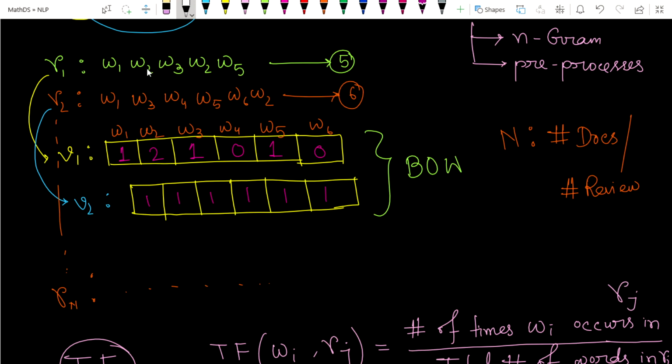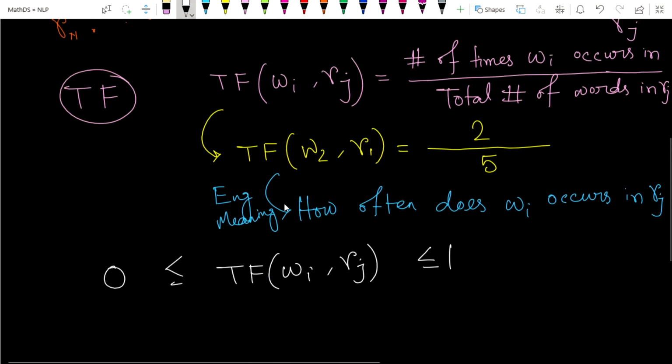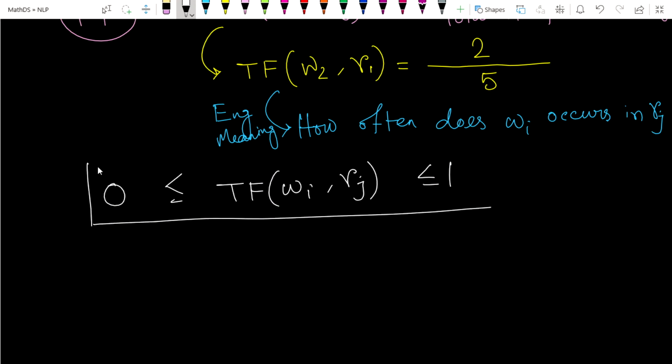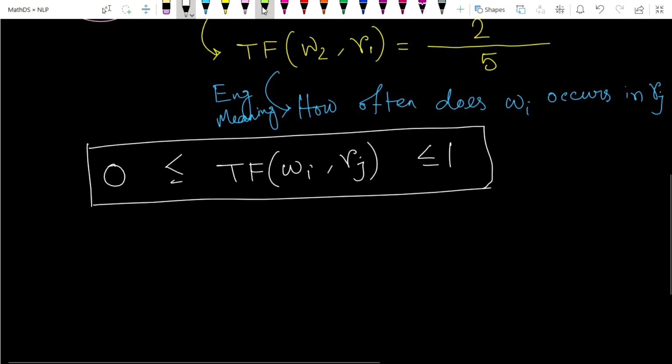So it is not possible for any word to occur more than 5 times. It is not possible anywhere for it to occur 6 times, because here the maximum number of words is 5. So the maximum chance of occurrence for each word is 5. Because of these reasons, the maximum value will be 1 and the minimum value will be 0. Already we have learned the concept of probability.